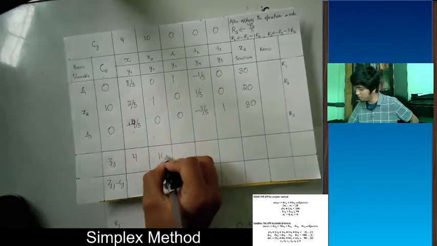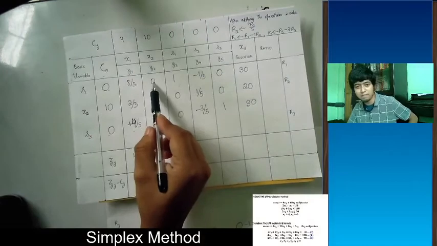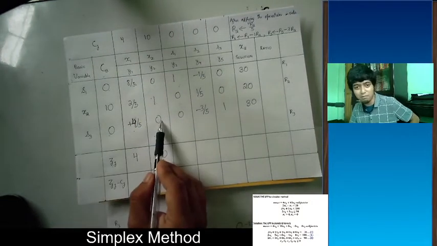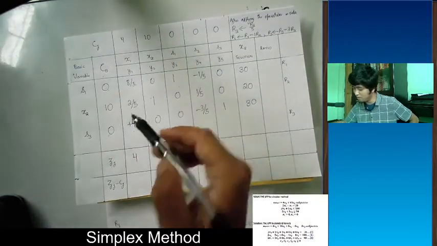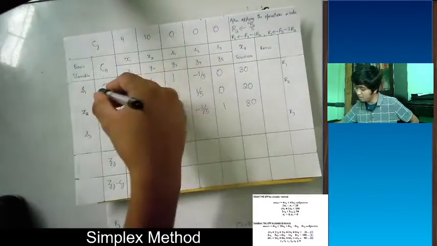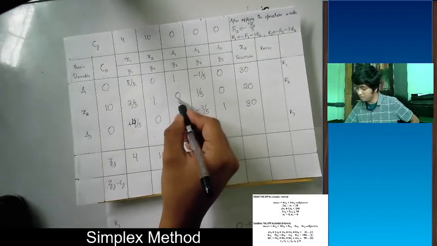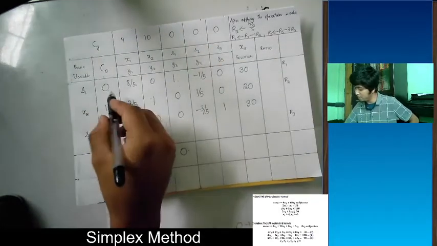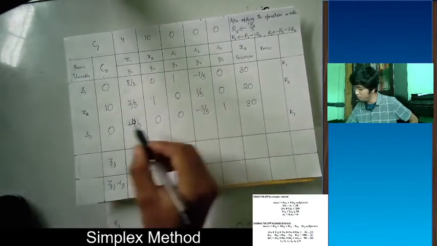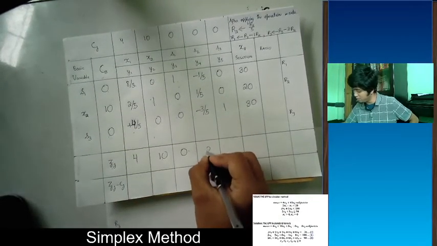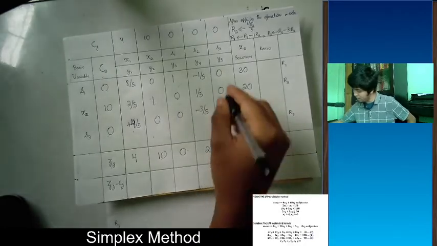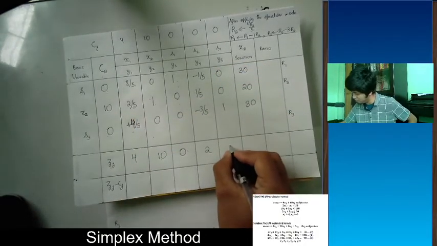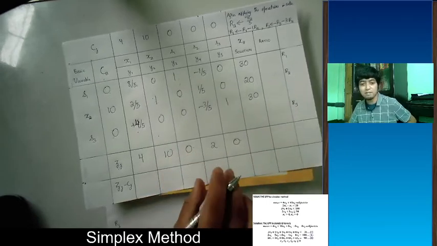Similarly over here will be 10. 0 times 0 will be 0, plus 10 times 1 will be 10, plus 0 times 0. So 0 plus 10 plus 0 will be 10. Similarly, 0, 0, 0 will be 0. Over here we will be having 0, 2, 0, so it will be 2. And over here will be 0. So this is what we are having.